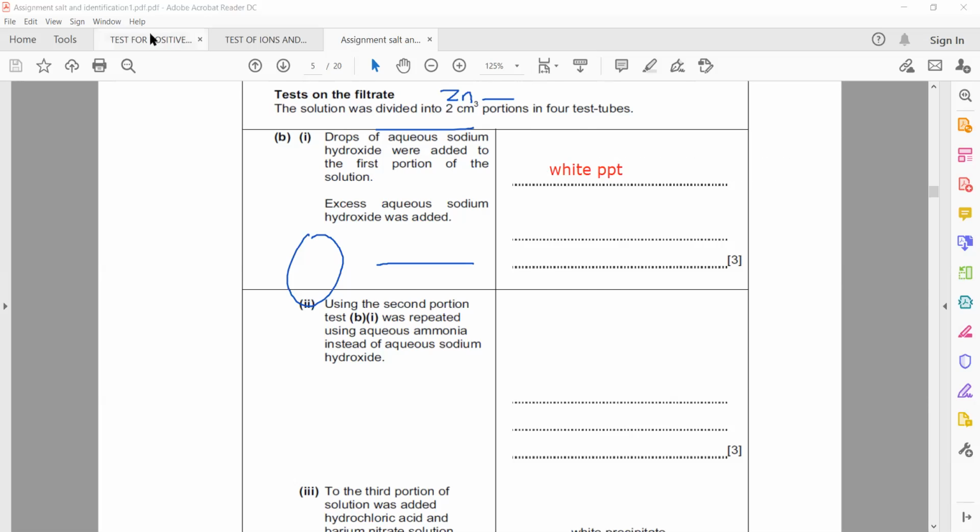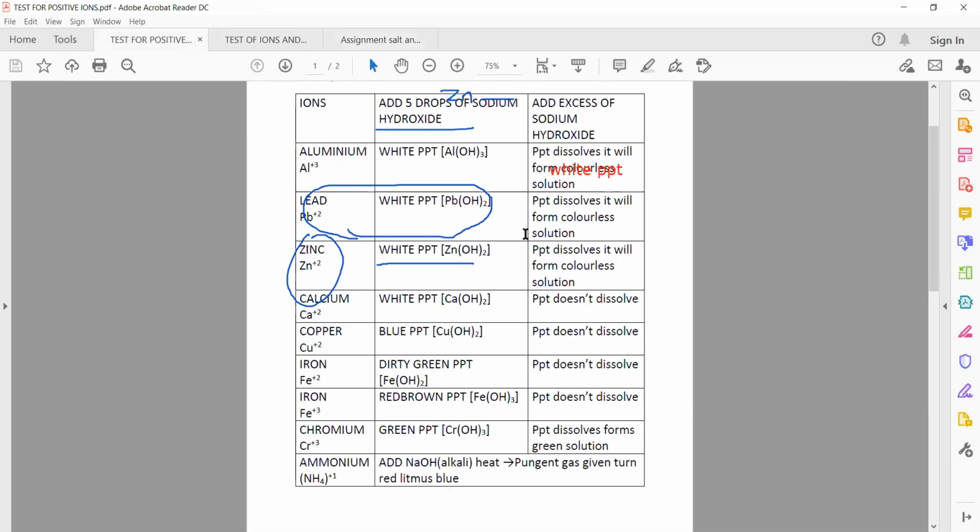And for the second, what we did is add excess of sodium hydroxide, more than enough sodium hydroxide. If we add too much sodium hydroxide and it's a zinc salt, what will we observe? The precipitate dissolves to form a colorless solution. So the precipitate dissolves and it will form a colorless solution. So what will you write here?